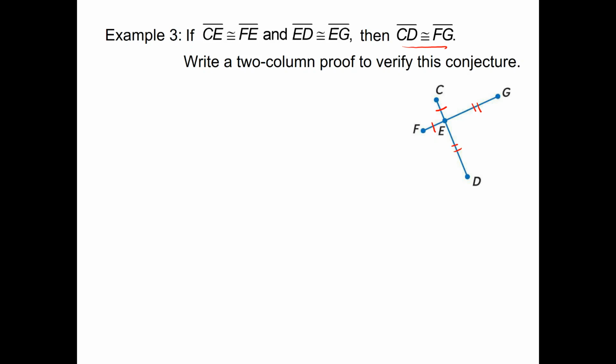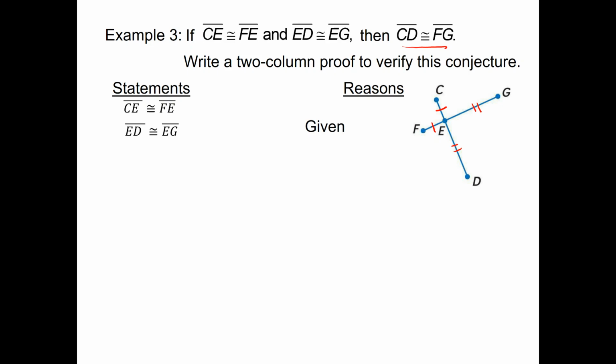Now, just like always, we're going to copy in our originals as our given reasons. Now, a brief little roadmap here. I always find it good to look at a roadmap of seeing where I want to go. I see that F, E, and G are 3 points that are collinear, and I have C, E, and D that are 3 points that are collinear.